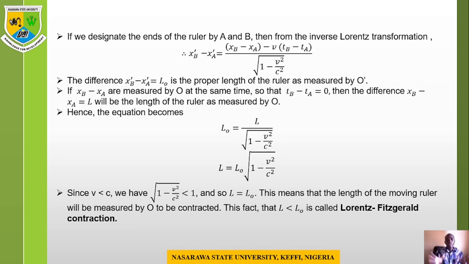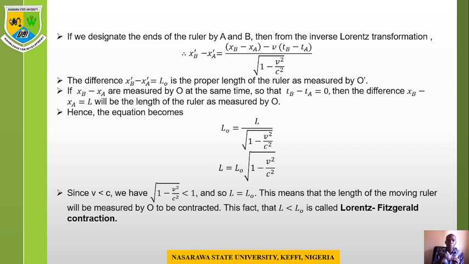So length depends on the observer, because we know that time is relative, space is relative also. That is to say, if an object is moving, of course it will measure time differently, it will also measure length differently, a lot of things will be measured differently. So what the Lorentz Fitzgerald contraction is trying to let us know is that length is also relative.